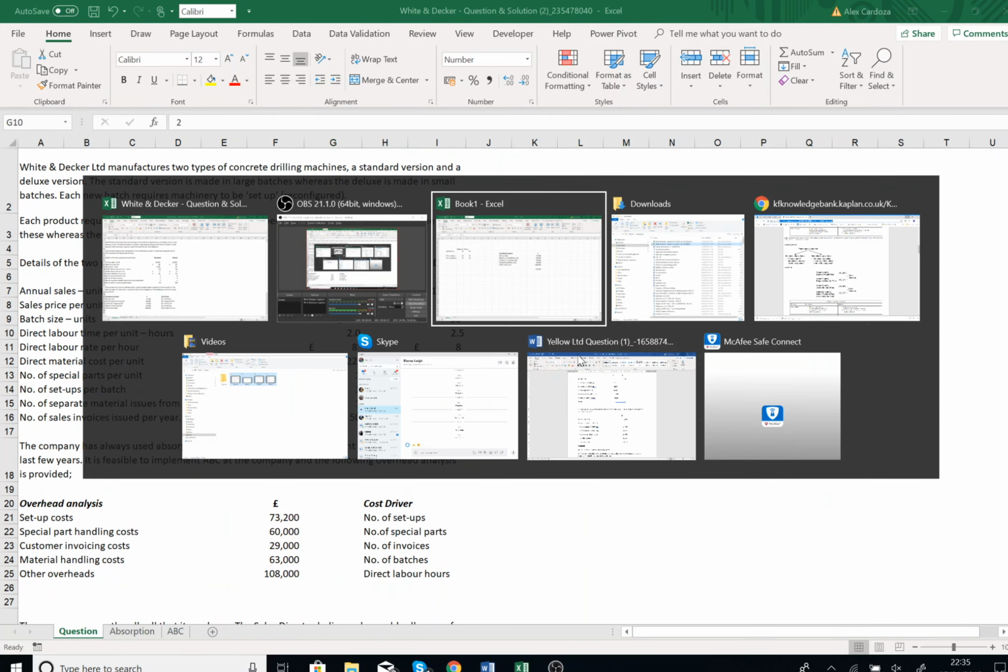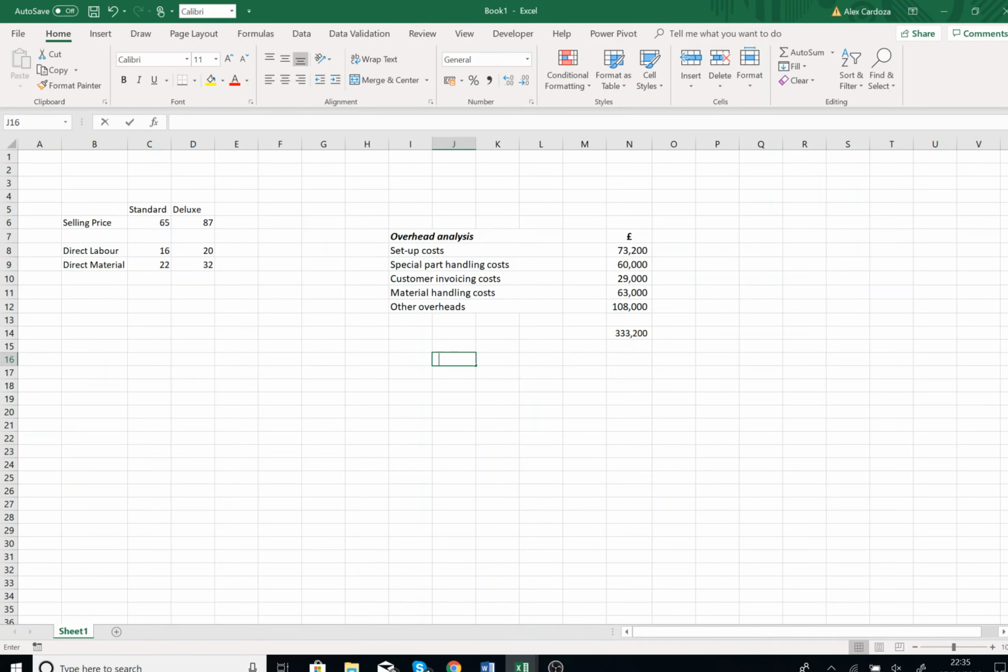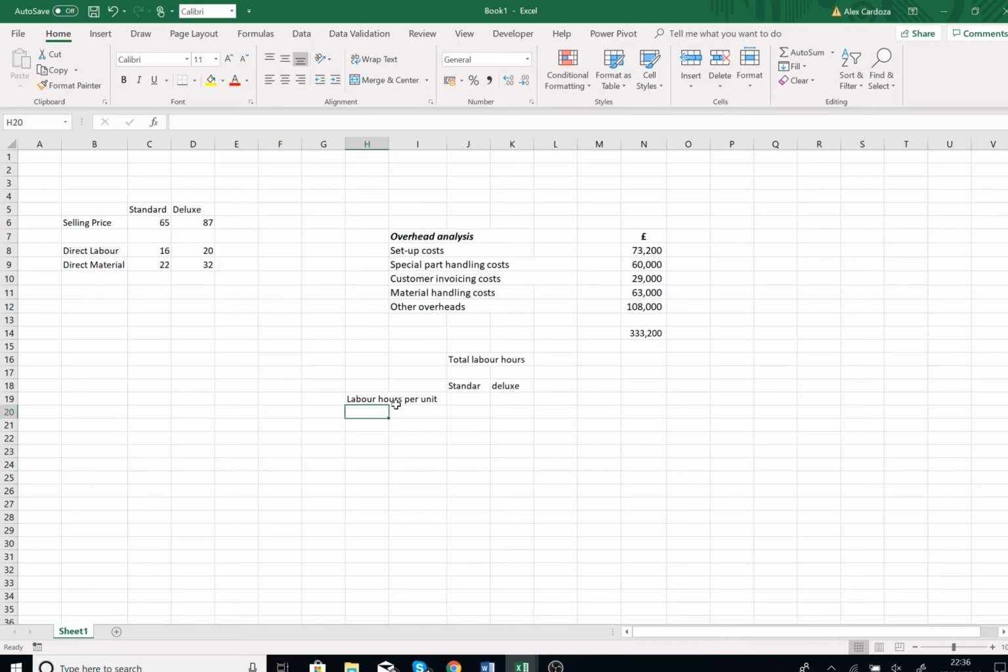So what we do is total labor hours, for standard and deluxe. Just put labor hours per unit, and the number of units, so you've got 12,000.